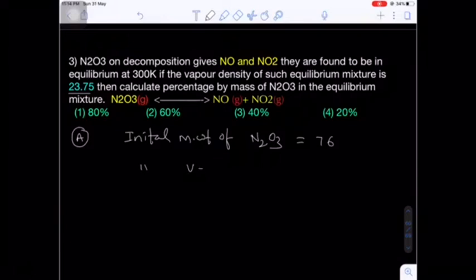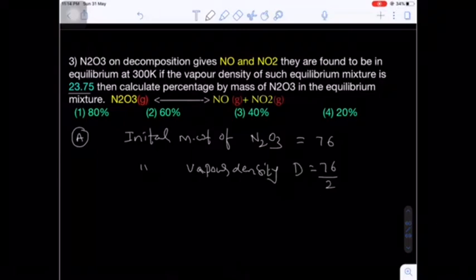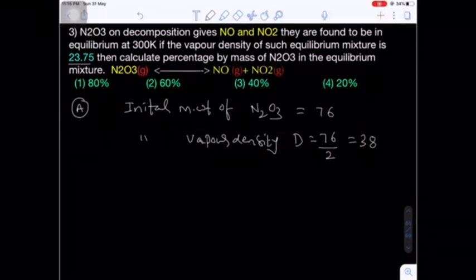Okay. Now here, what is the initial vapor density? Capital D is half of the molar mass, that is 38. 76 by 2, that is 38. Okay. Now what is the vapor density given at equilibrium?